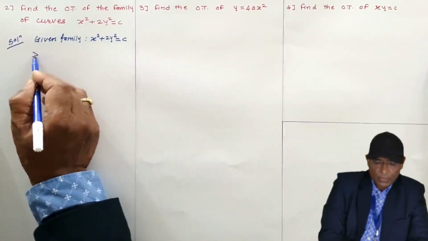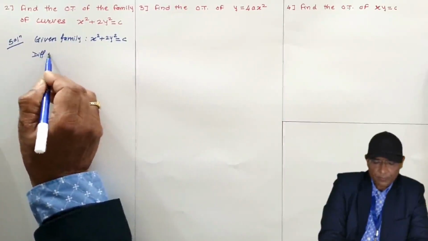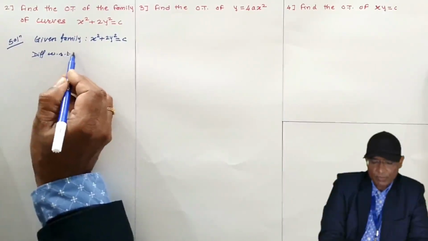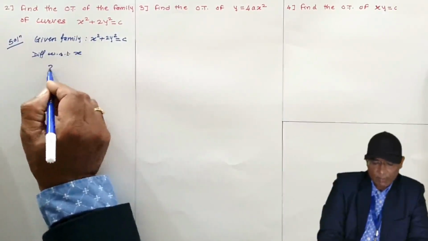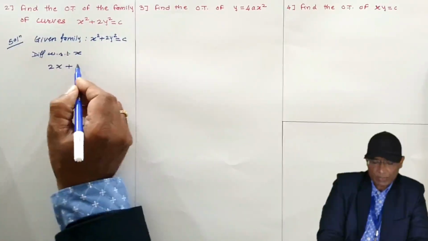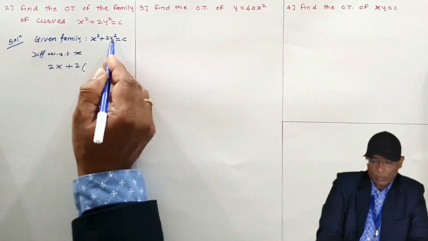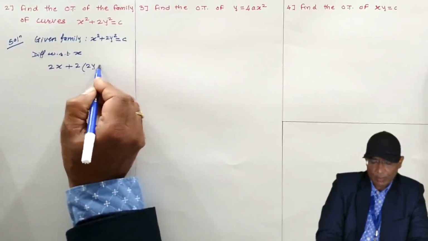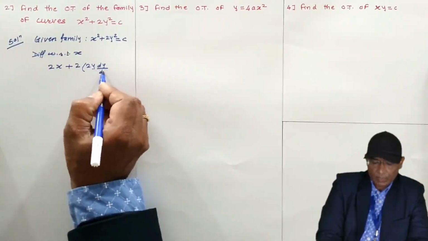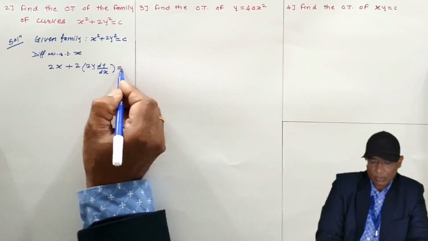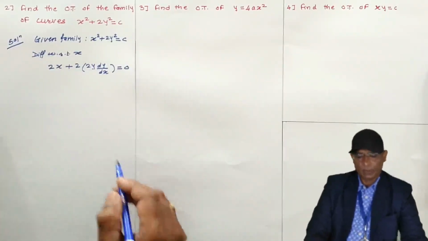Now differentiate with respect to x. If you differentiate with respect to x, what will you get? The derivative of x square is 2x, the derivative of y square is 2y dy by dx, and the derivative of c is what? Arbitrary constant is c.